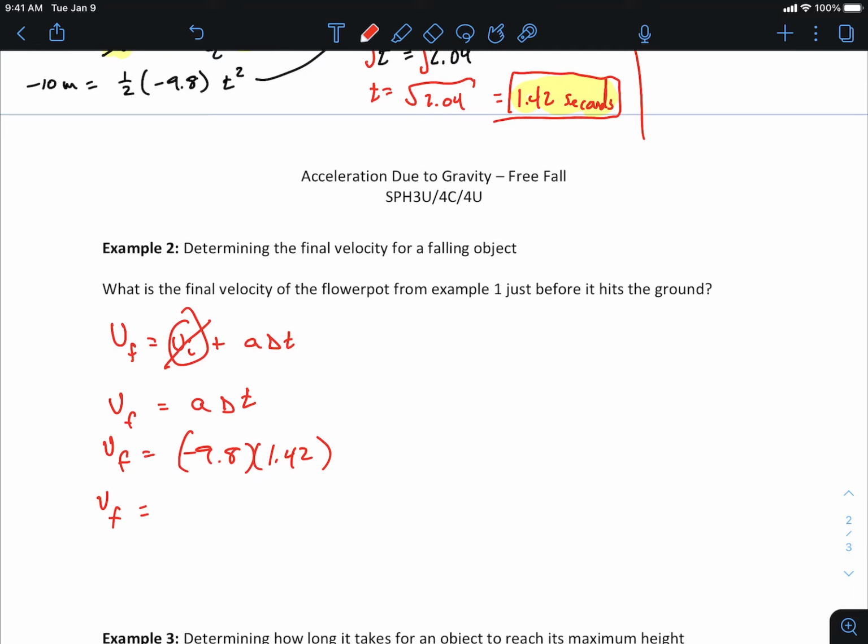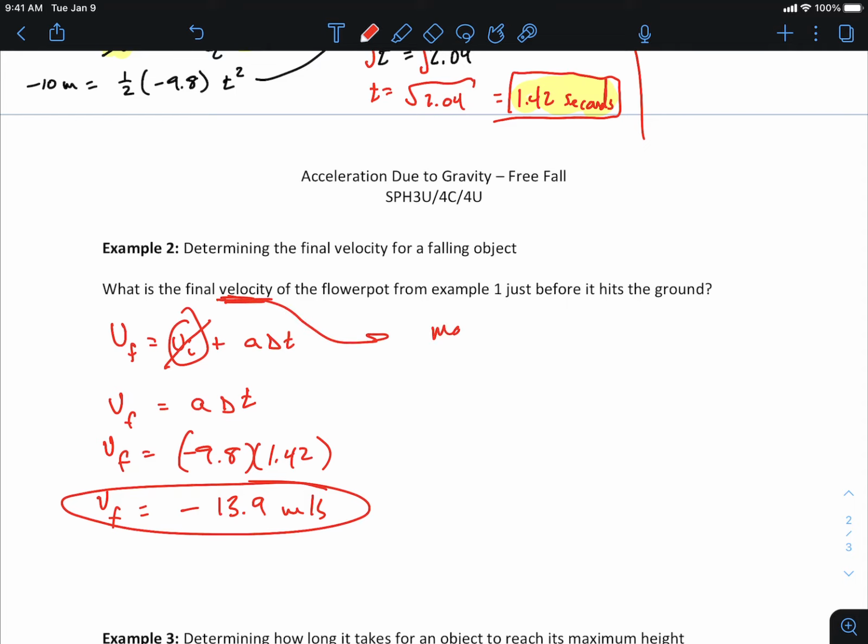We're going to see that we get negative 13.9 meters per second. You're saying, how does this make any sense? Remember, final velocity, velocity needs to have a magnitude and direction.